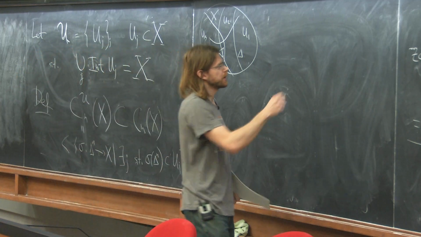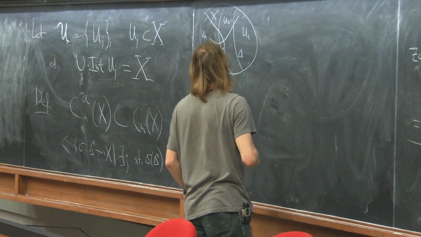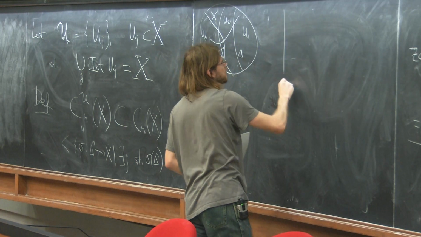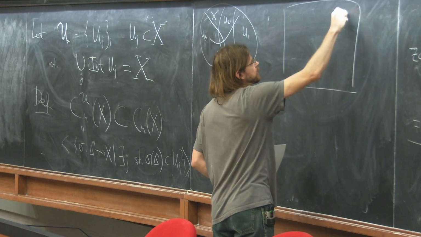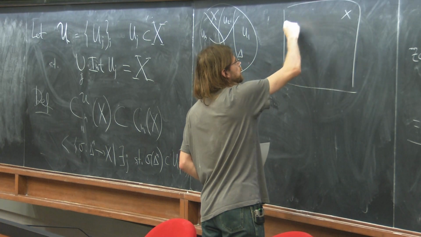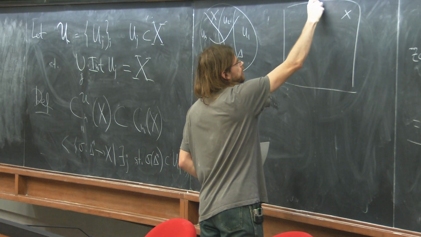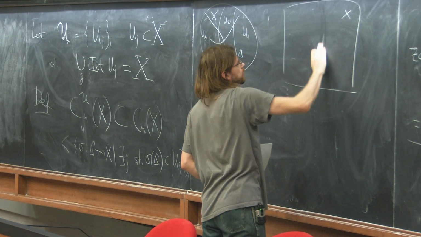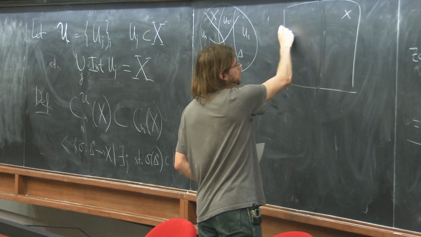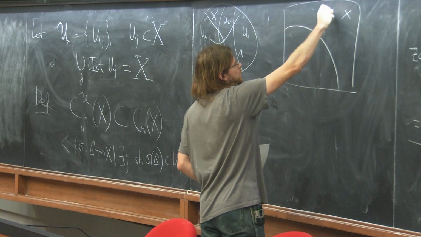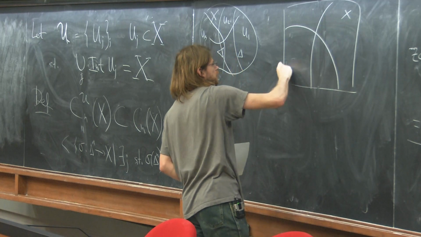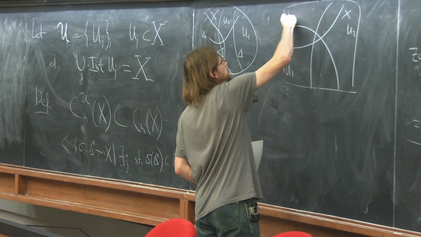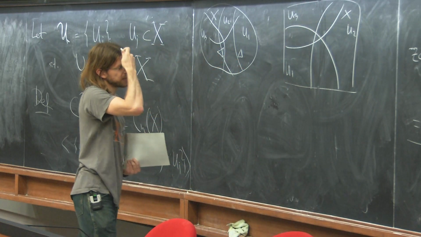For example, let me have something like X. It is covered by U1, U2, and U3, for example, covered by three sets.